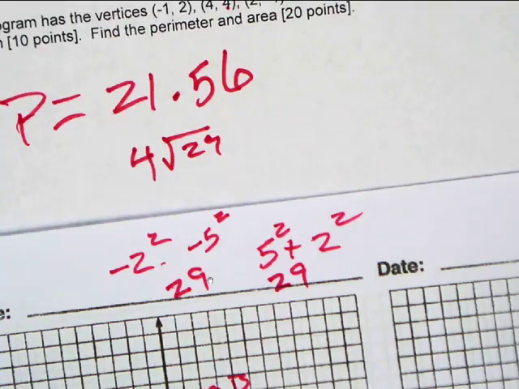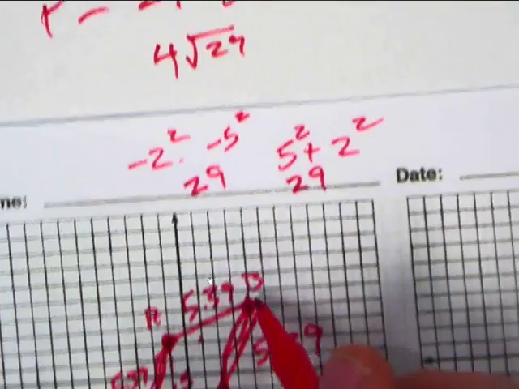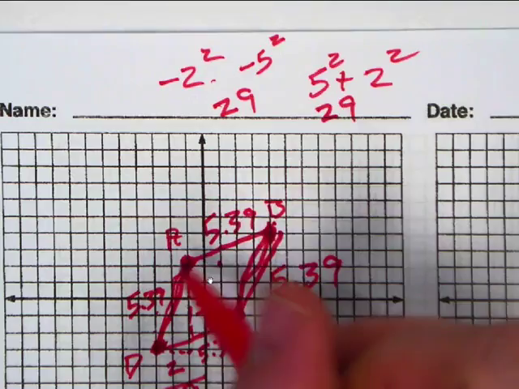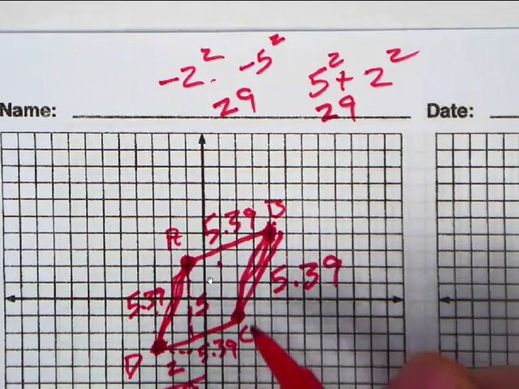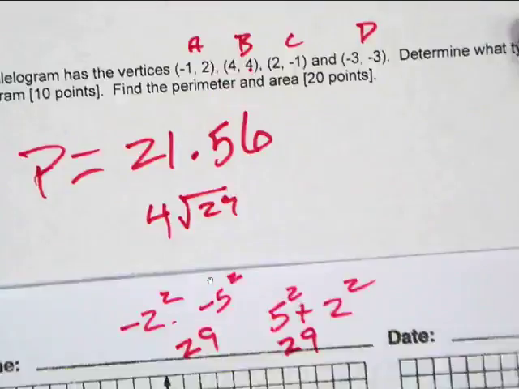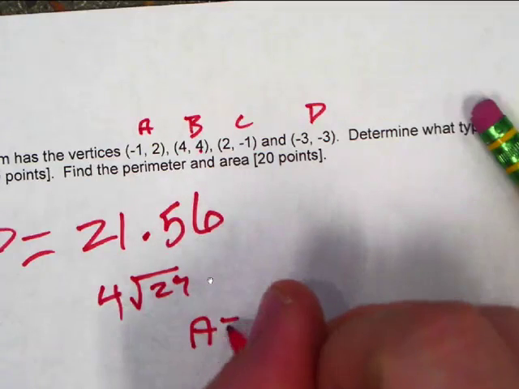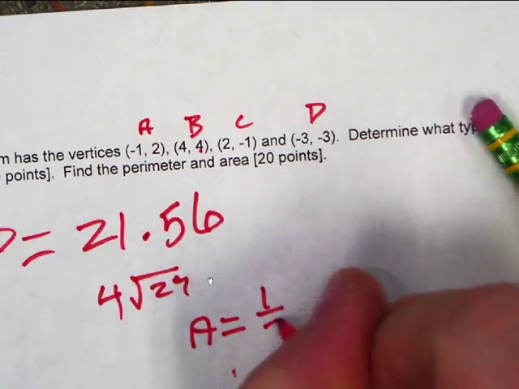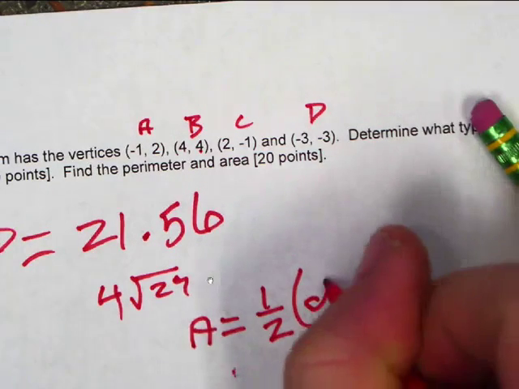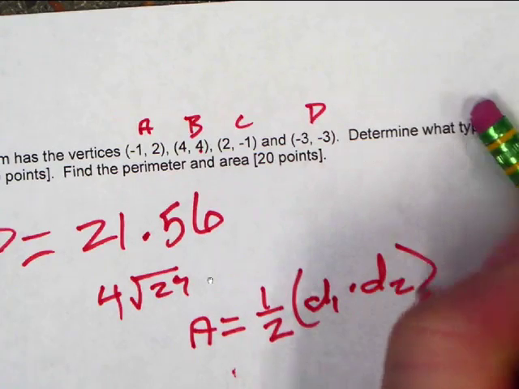Now to find the area, you need to find the length of the diagonals. You would find the distance from B to D and from A to C. Once you find the diagonals, you can use the equation for the area, which is 1/2 times diagonal 1 times diagonal 2.